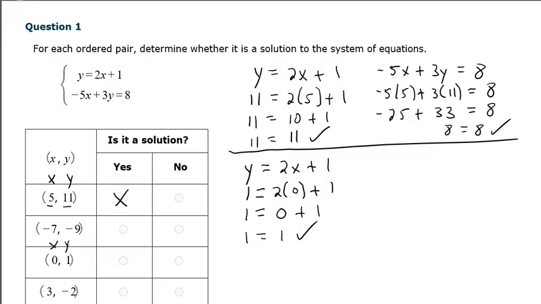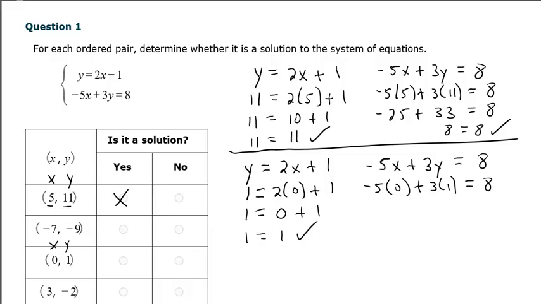But again, it's not a solution for the system unless it's a solution to both equations in the system. So now we come to the negative 5x plus 3y equals 8. And again, we're going to substitute 0 in for x and 1 in for y.